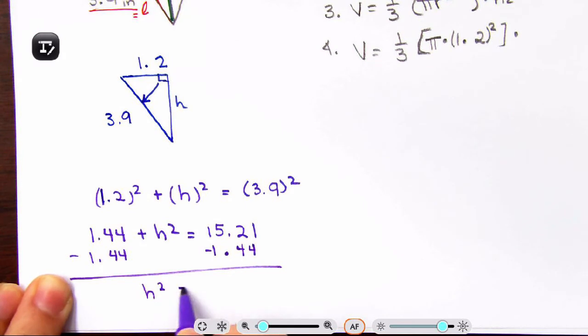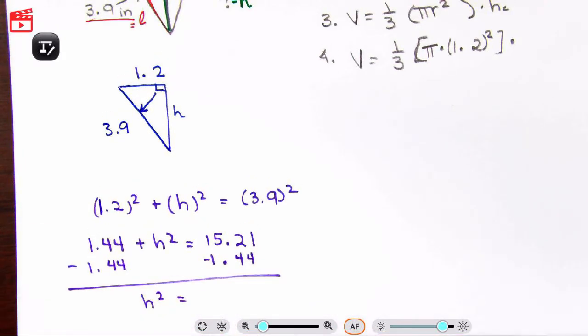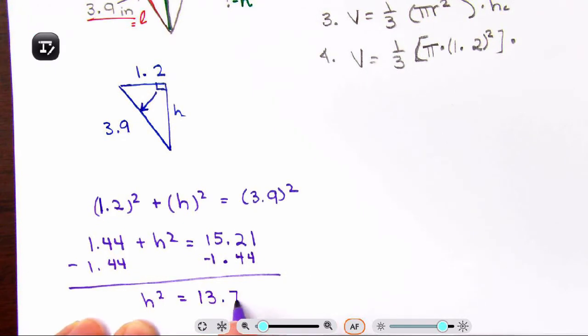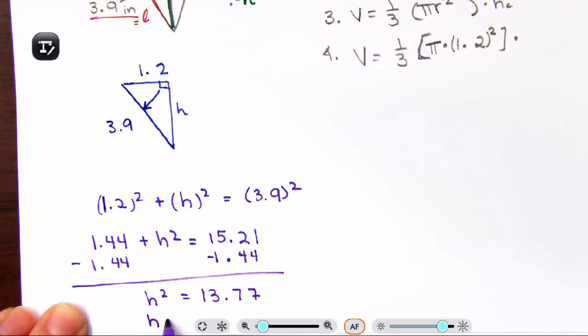So h squared is equal to 13.77. So then we're going to square root that. So my height is about 3.71.